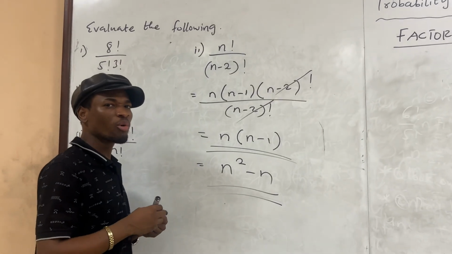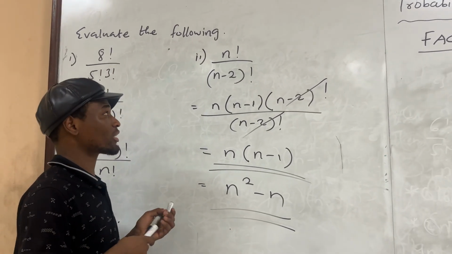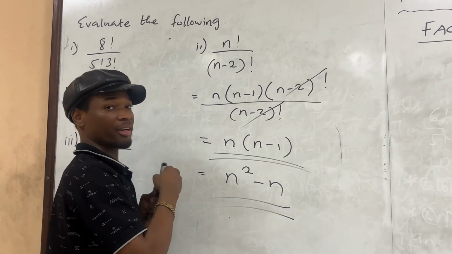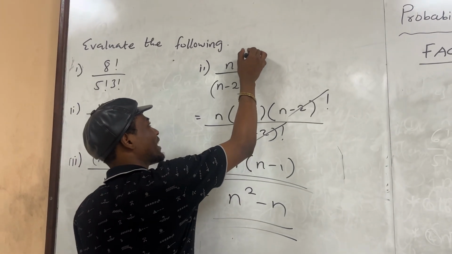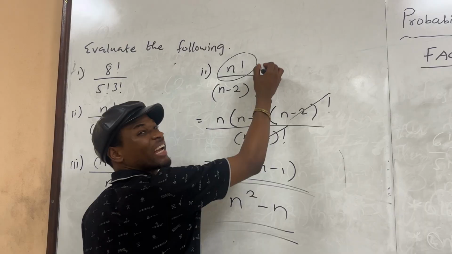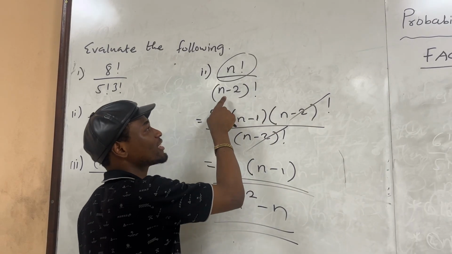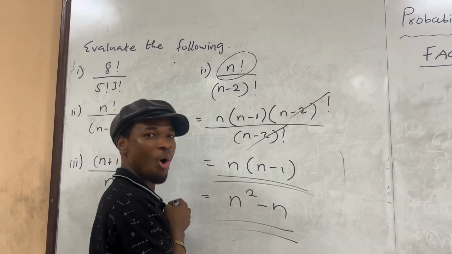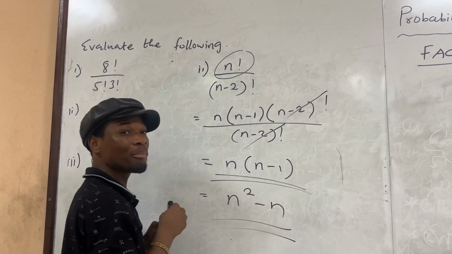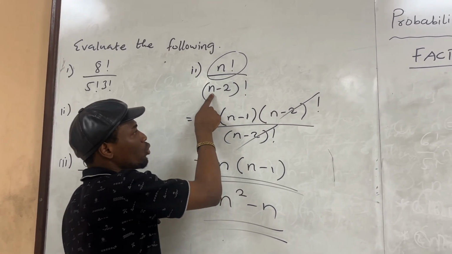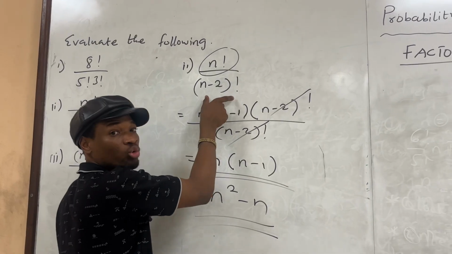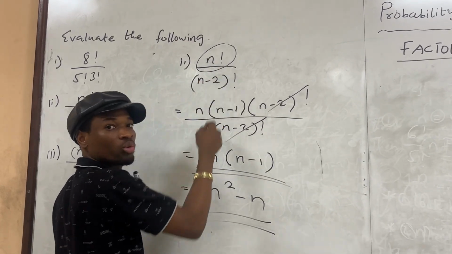Alright, good. So viewers, you will realize something. What can we observe over here? You can see that n factorial is greater than n minus 2 factorial. Why? Because we got n minus 2 factorial from n factorial.